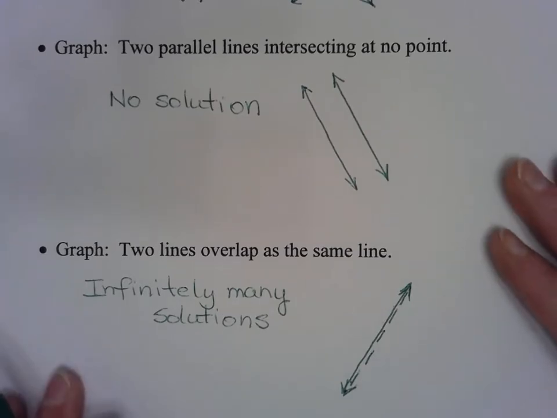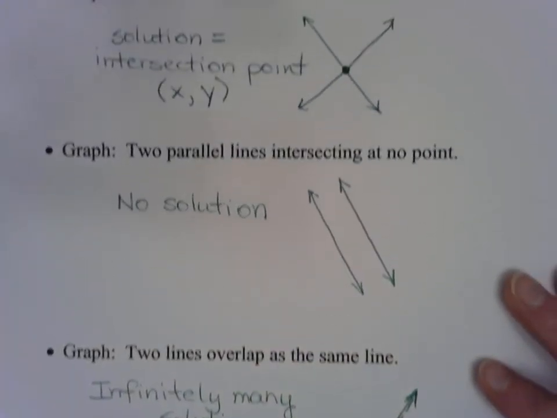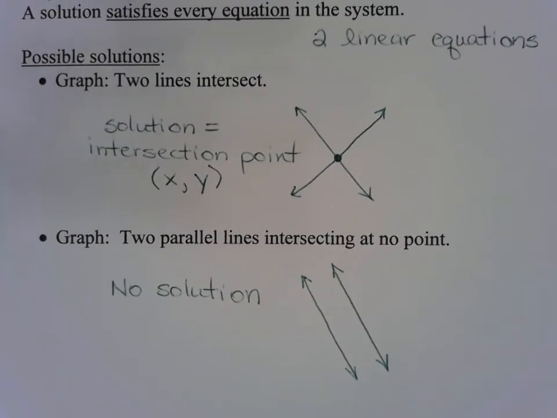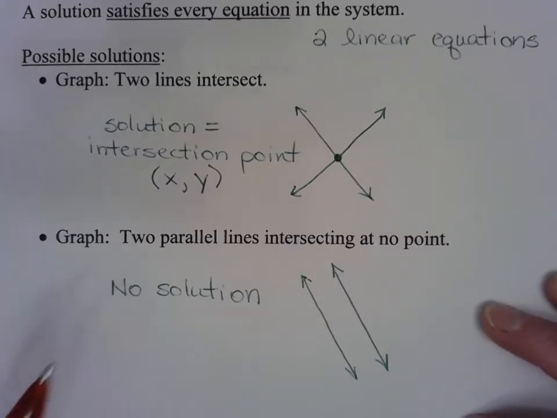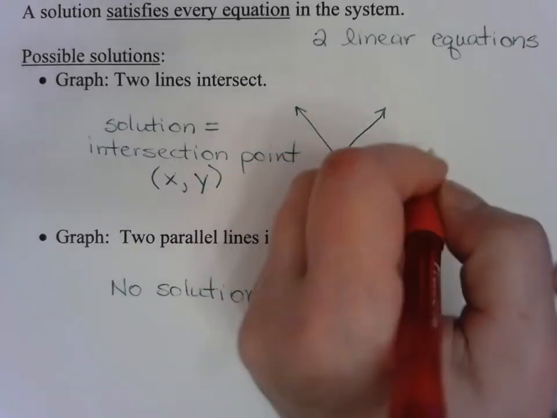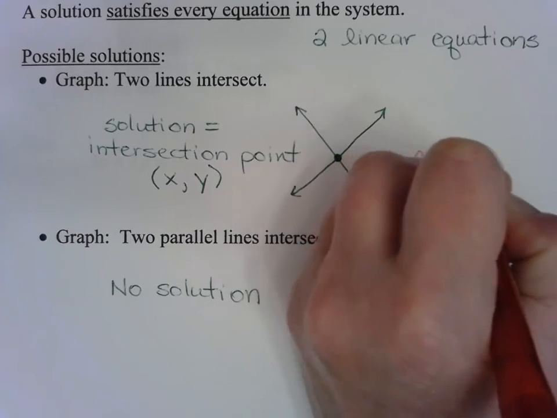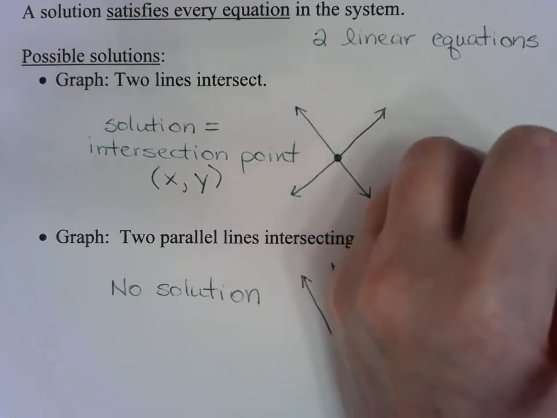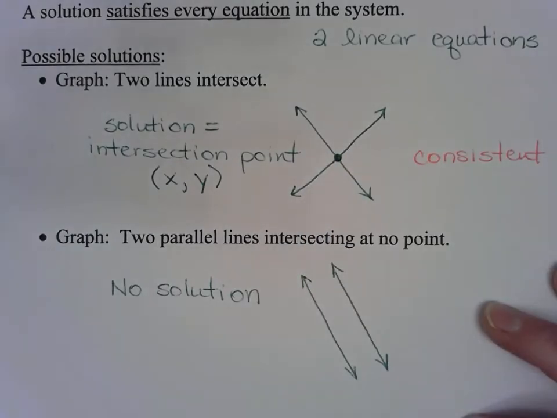There is some terminology that goes along with these 3 options. So I'll just jot that down off the side. You may see that in the textbook or in the online homework. So if I have a solution, it's called a consistent system. So this would be consistent, right? Because I have a solution.